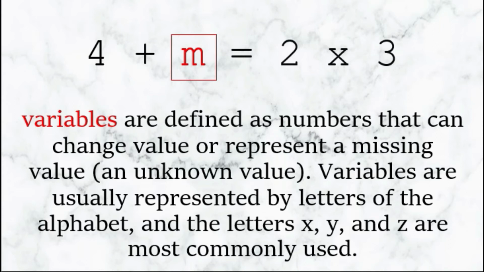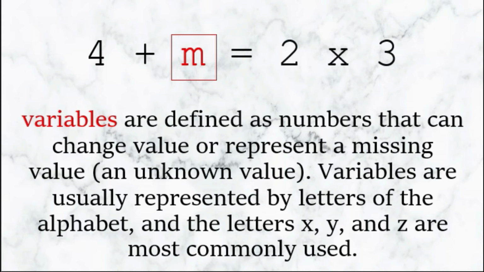That's the idea of variables in algebra. Anyway, variables are defined as numbers that can change value or represent a missing value, an unknown value. Variables are usually represented by letters of the alphabet, and the letters X, Y, and Z are most commonly used. Okay, we can use any letters actually.